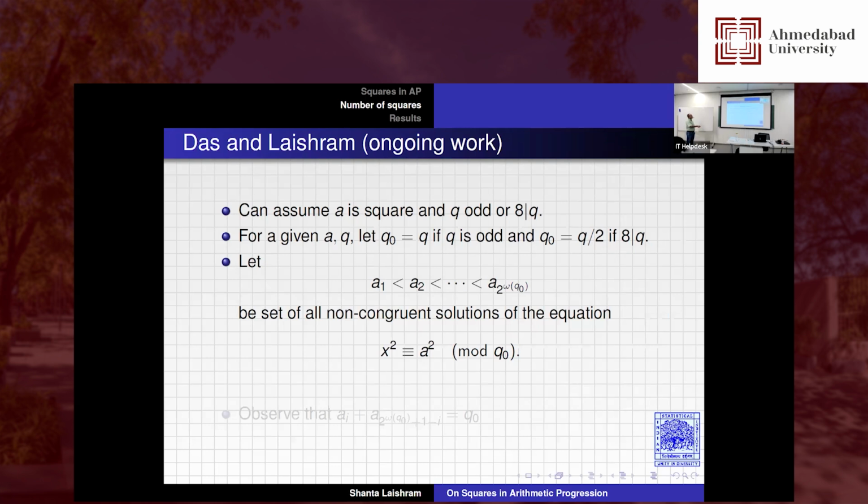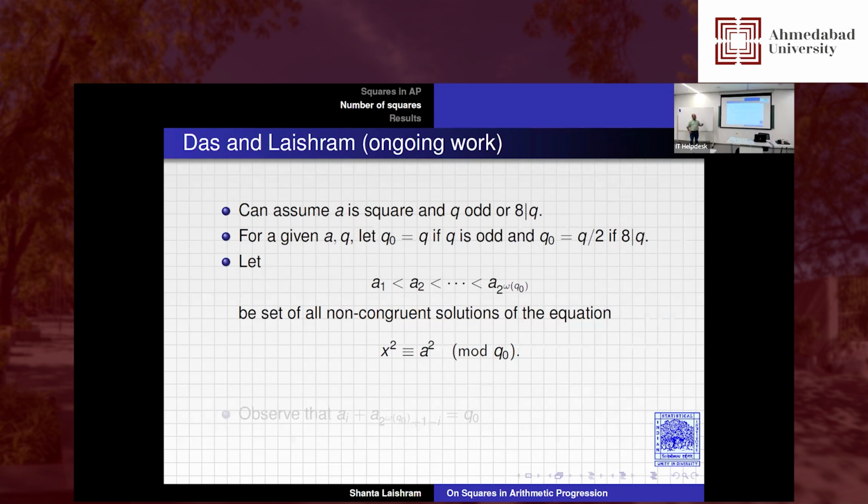The number of solutions modulo q naught is given by 2 to the power omega. Remember that omega of q naught is the number of distinct prime divisors of q naught. For example, when q naught is a prime power, there are exactly 2 solutions modulo a prime power of this equation: x is congruent to a, and x is congruent to q naught minus a.